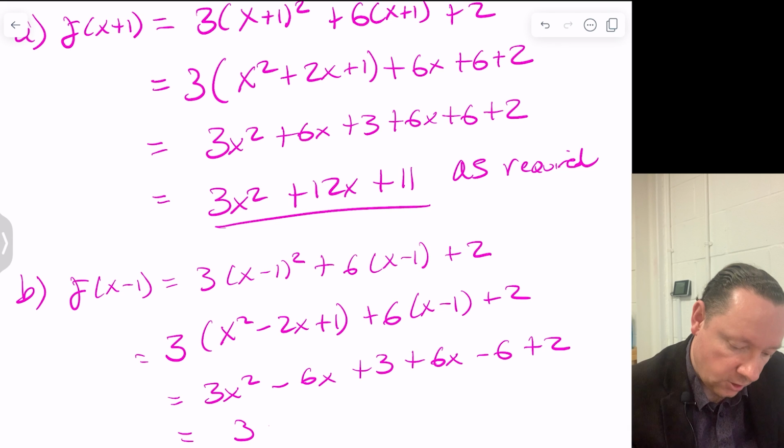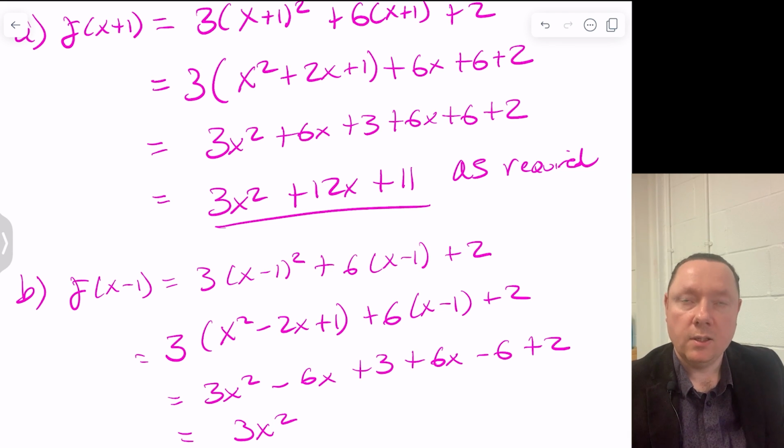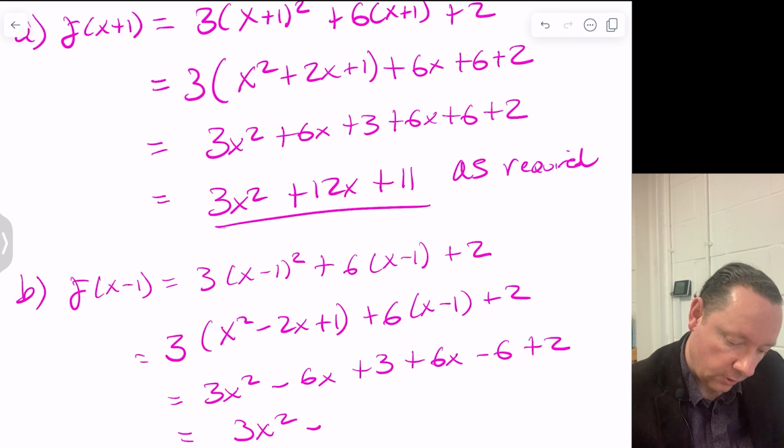That gives me 3x squared, minus 6x plus 6x is no x at all. Then you've got 3 minus 6 is minus 3, plus 2 is minus 1. And we're done there.